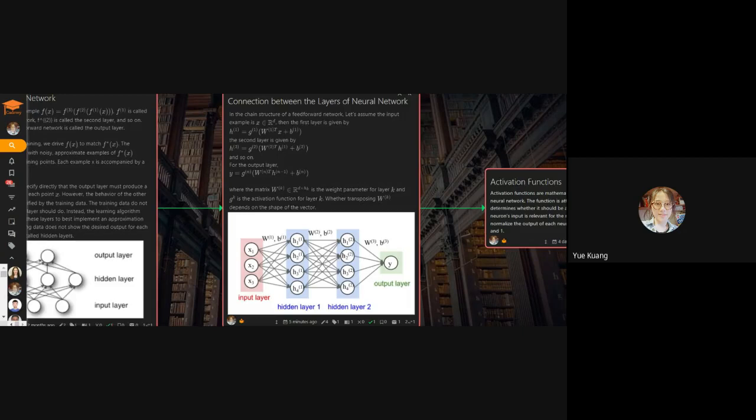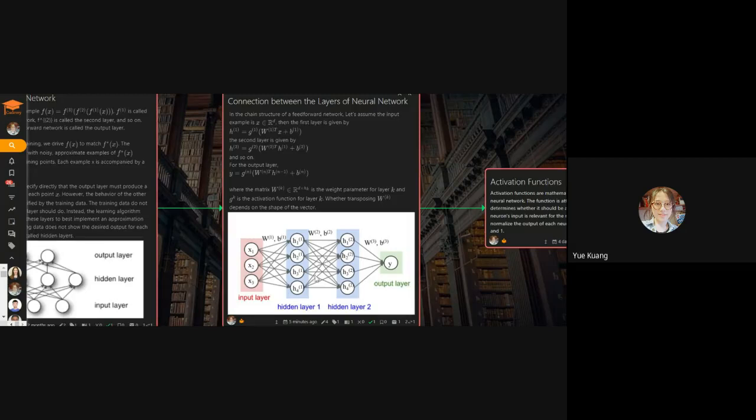And then h1 will be the input to the next layer, the second layer. And similarly, in each layer, you will first apply a weight matrix W on the input and then add the bias vector b and then apply an activation function g to get the output.